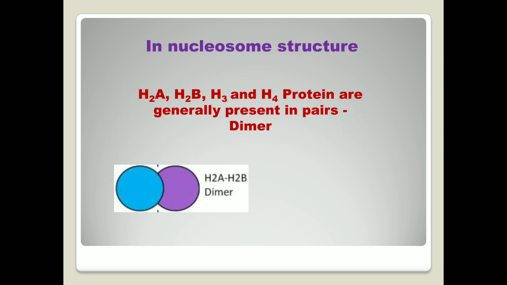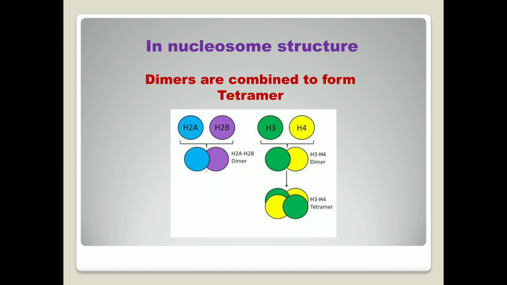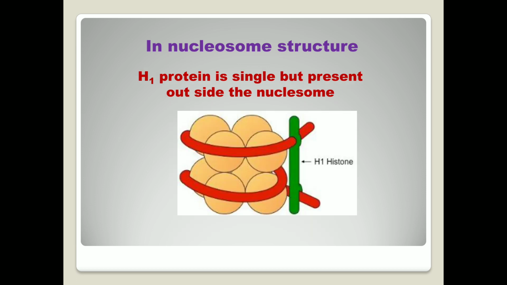In the nucleosome, H2A, H2B, H3 and H4 proteins are generally present in pairs. It is called a dimer. These dimers combine to form tetramers, and finally these tetramers combine to form the histone octamer. But H1 protein is always present singly, and it is present outside of the nucleosome.